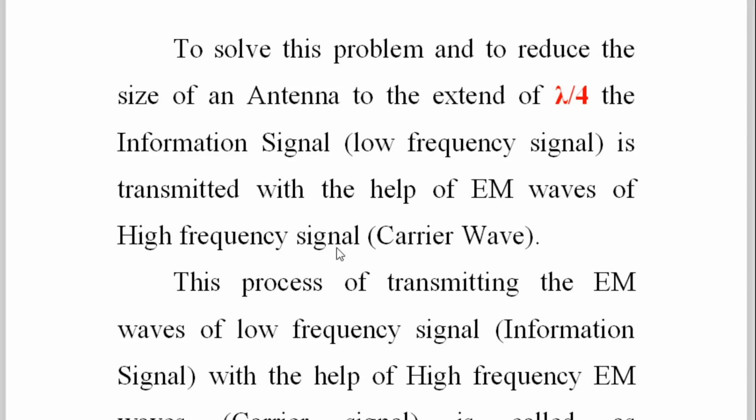And therefore that high frequency signal we call a carrier wave, because our low frequency information signal we will carry with the help of the high frequency signal. So in this way, our size of antenna will come in centimeter.